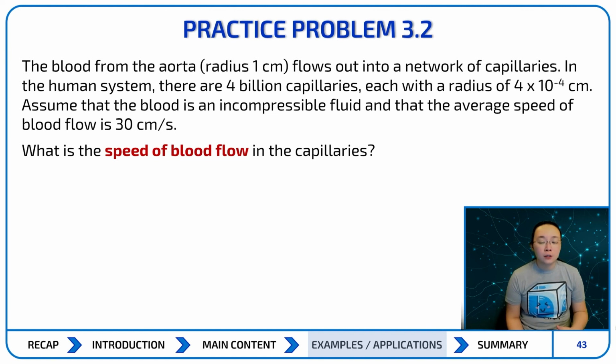It gives you a cross-sectional area of a capillary, the number of capillaries, and the radius of the aorta. So you should be able to use one of the equations that we presented in the mathematical foundations portion and apply it to a model of blood flow in blood vessels.